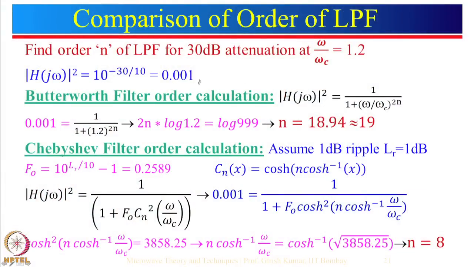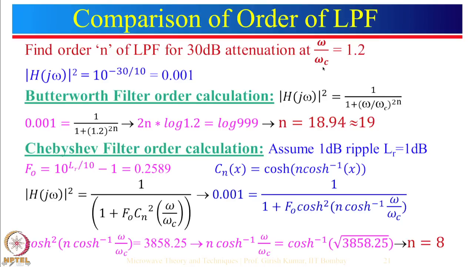Now, we are going to look at one comparison. For example, what is the order required for a low pass filter realized using Butterworth or Chebyshev configuration? Here we are taking a slightly different problem, in the sense that a larger attenuation is required at a relatively closer frequency to the cutoff frequency.